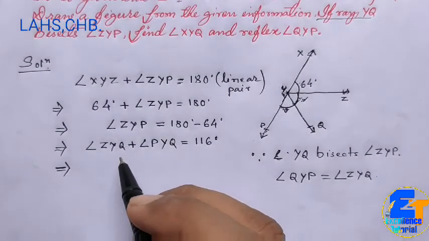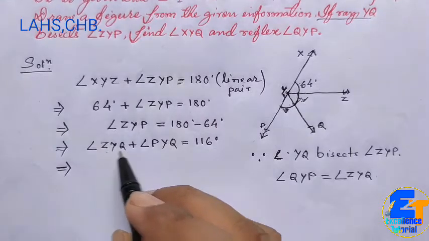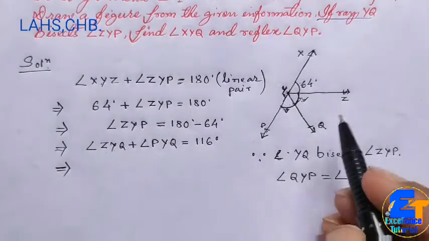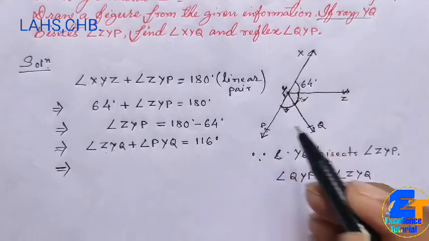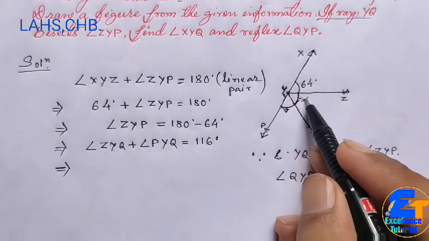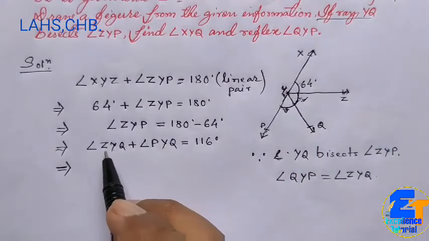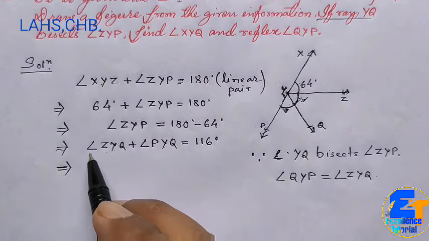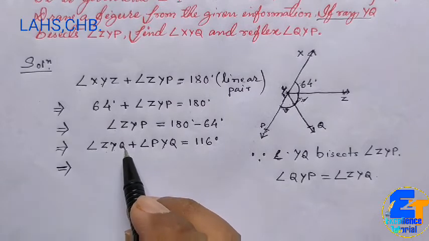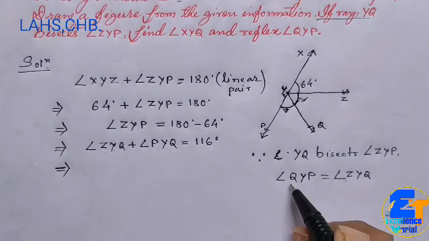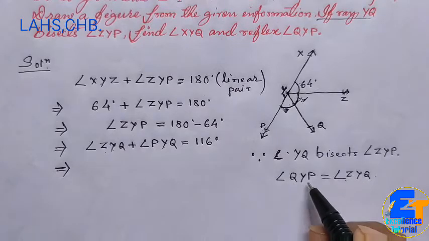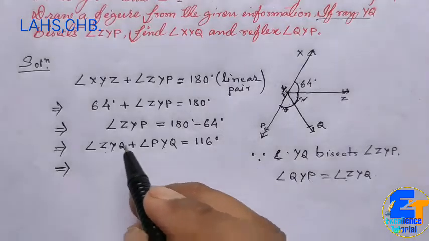In this step we are going to change any one value of this angle. Since YQ bisects the whole angle ZYP, these two angles are equal. So in place of ZYQ you can write angle QYP, since angle ZYQ is equal to angle QYP. QYP is the same as PYQ.